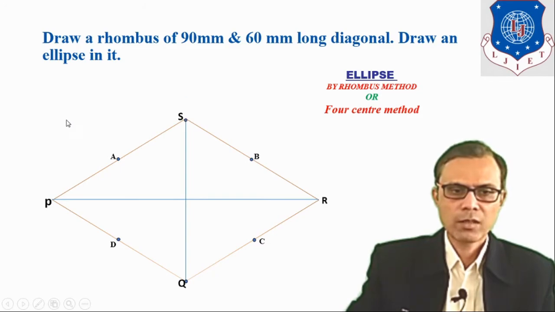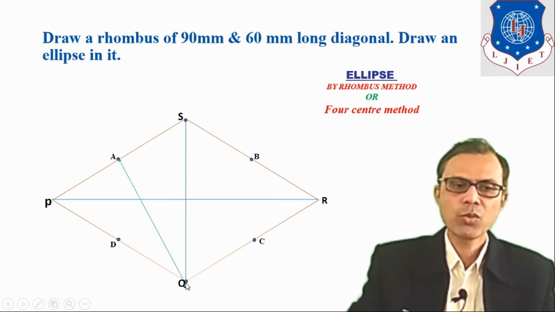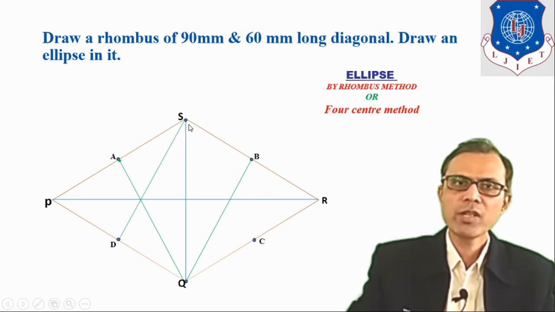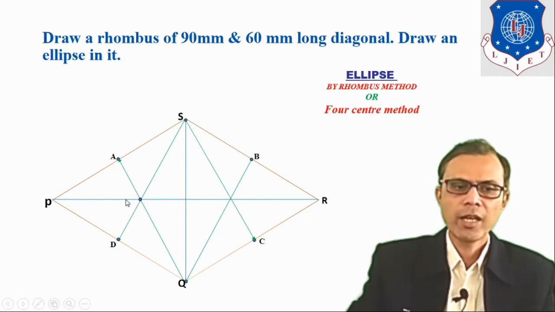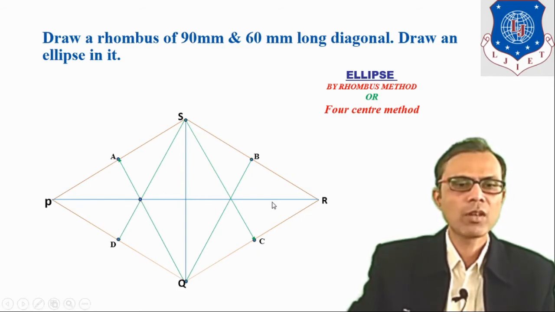So consider this point Q of the shorter diagonal and join it with point A. Then consider S, join also with point B. Then consider S point, the second point of the shorter diagonal, join it with B and join it with C point. So here we are getting intersecting points with the longer diagonal.